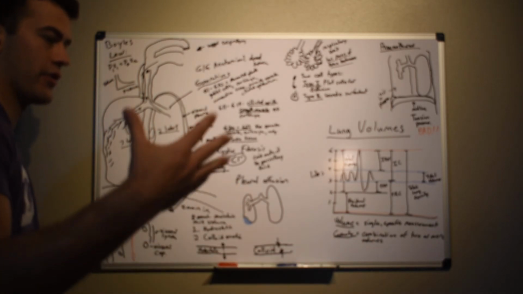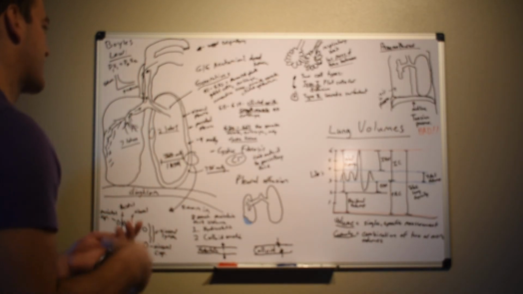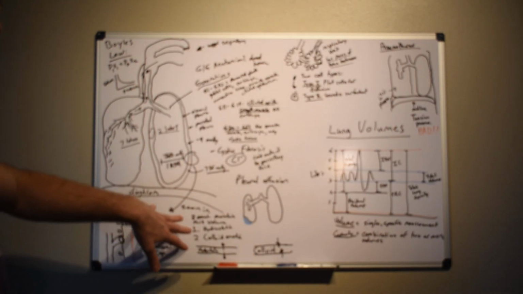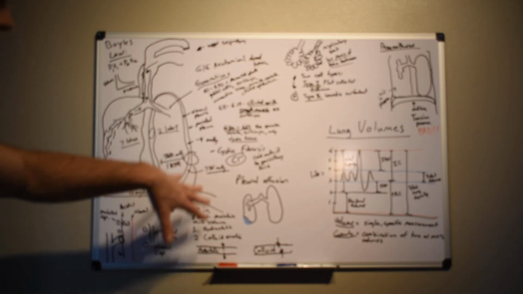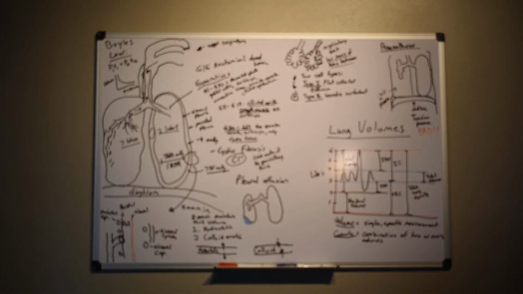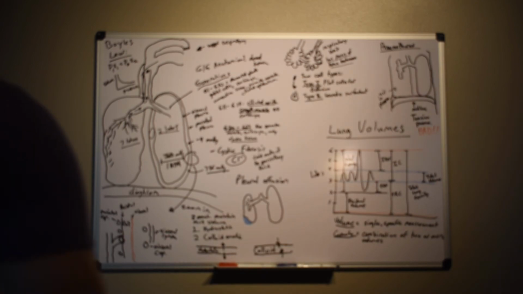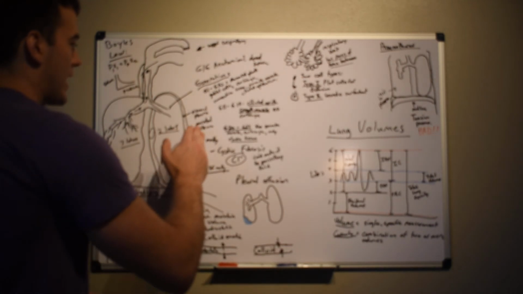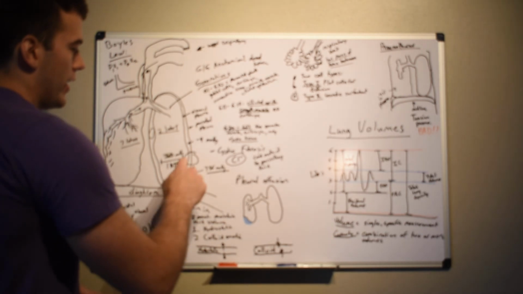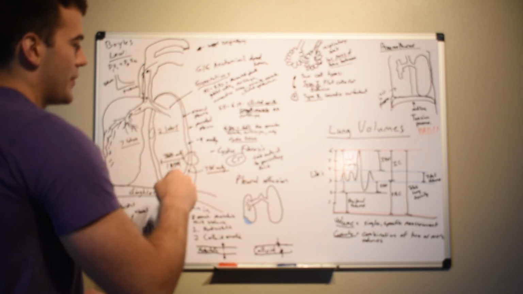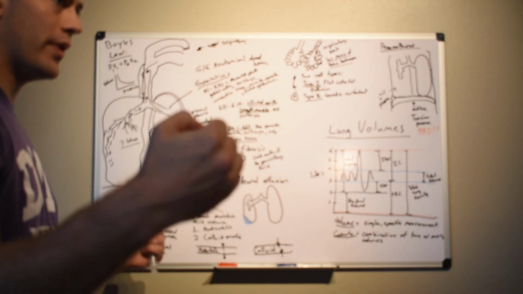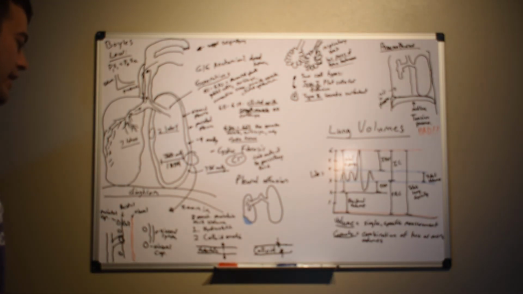So as our volume increases, our pressure decreases, okay? And if we manipulate the space between our thoracic wall and our lungs, it's going to increase or decrease the volume of this space and thus pull the lungs open or collapse them down.